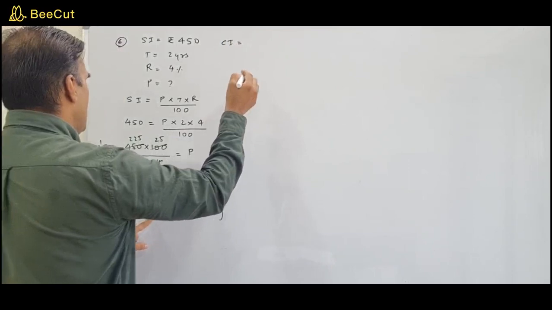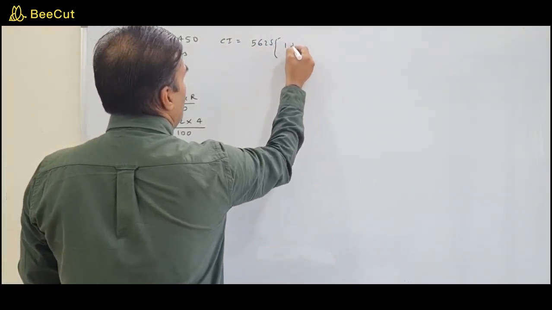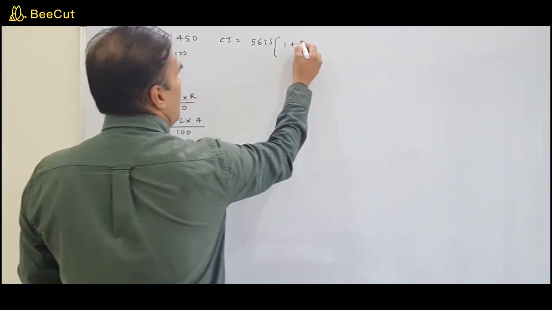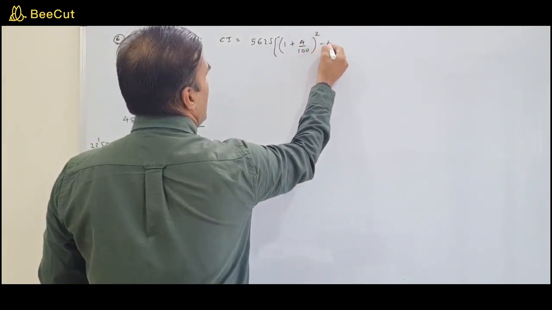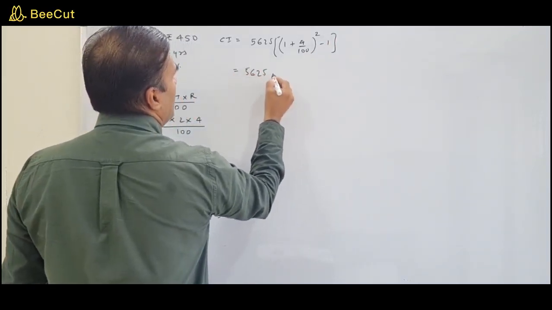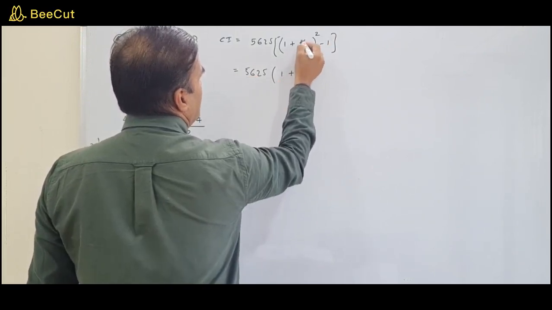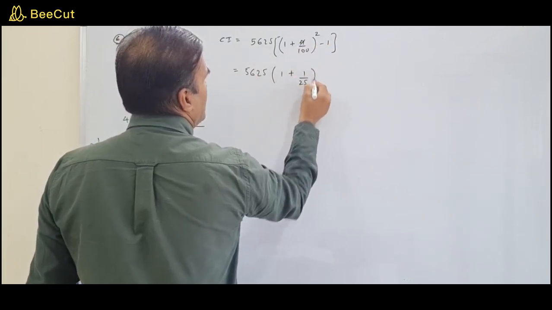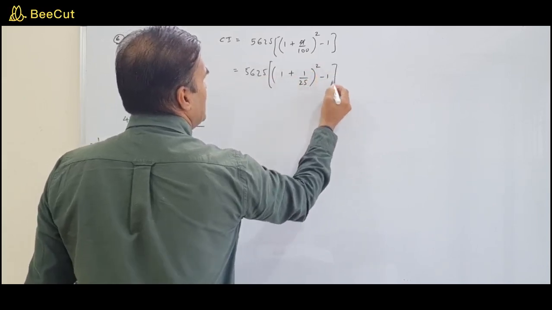CI equals P, 5625, times (1 plus 4 upon 100) the whole thing raised to 2, minus 1. This would be 5625 times (1 plus 1 upon 25) the whole thing raised to 2, minus 1.